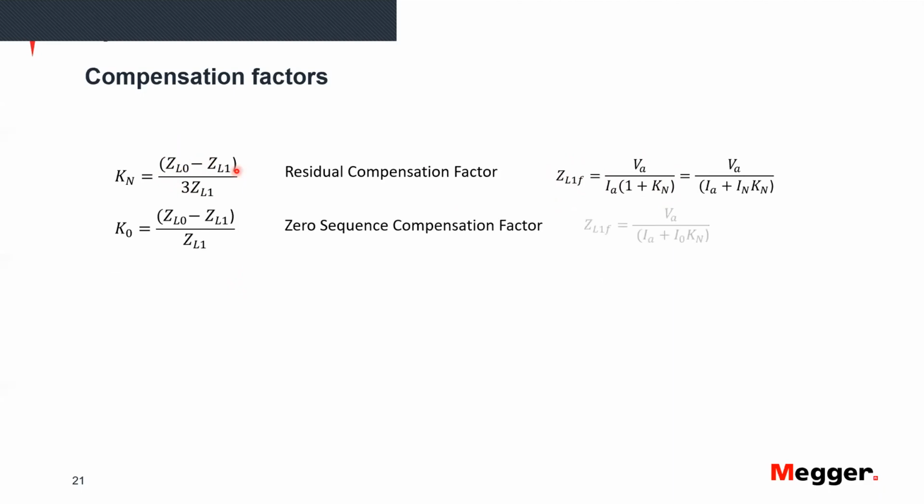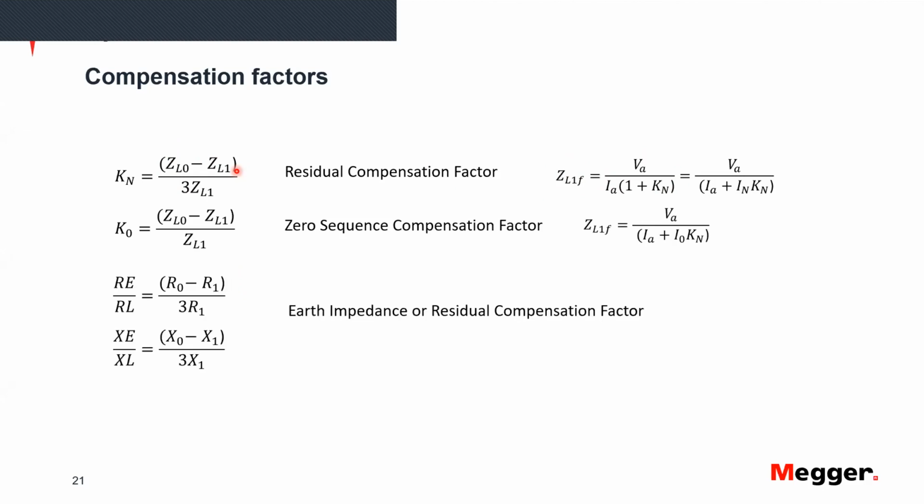There is another one called the zero sequence compensation factor, and there are some others called earth impedance or residual compensation factor. They're all used, let's say, the same way. Now, different relays will have different compensation factors, and you have to learn how to use them and understand what those compensation factors mean.